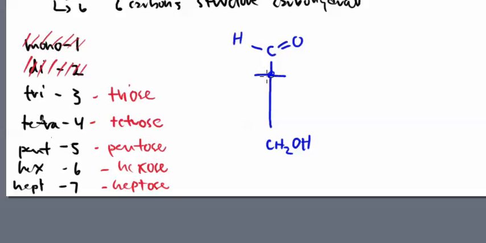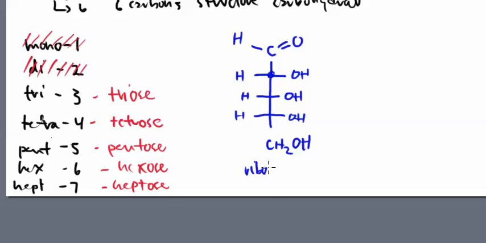That point of intersection is understood to be a carbon. So let's say that we have an OH to the right, and here we have an OH to the right, and here we have an OH to the right as well. And this sugar, if you're curious, is called ribose.